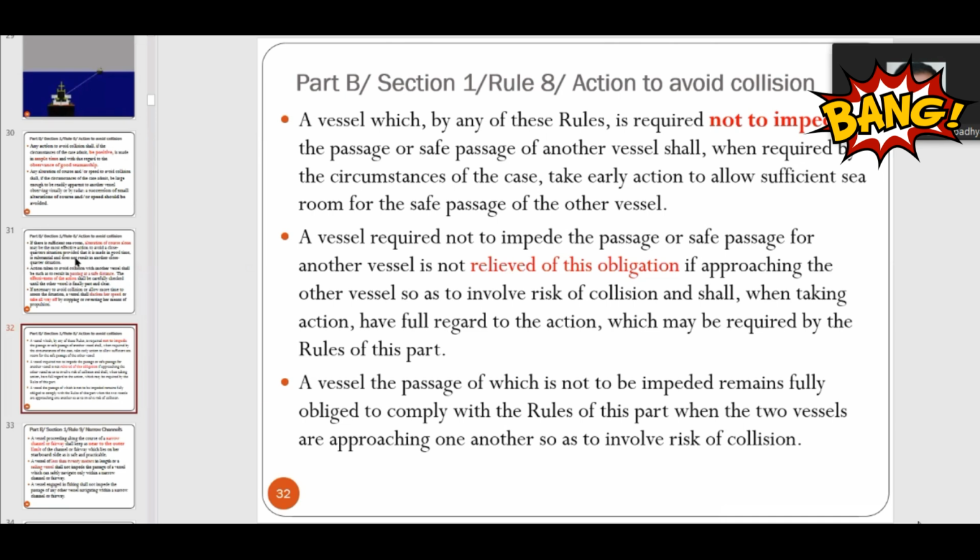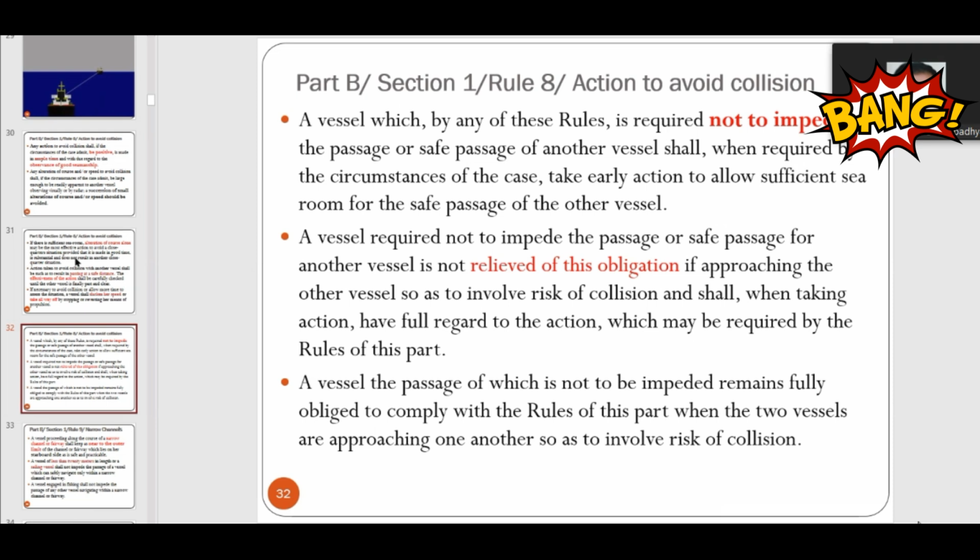Whatever action she takes to ensure the safe passage of the vessel and not to impede, she will take it early, so that there is sufficient sea room. That means if that stand-on vessel is taking an action in a crossing situation, because the give-way vessel cannot take action because of her nature of work or the circumstances, in such a case, the stand-on vessel will allow more sufficient sea room.